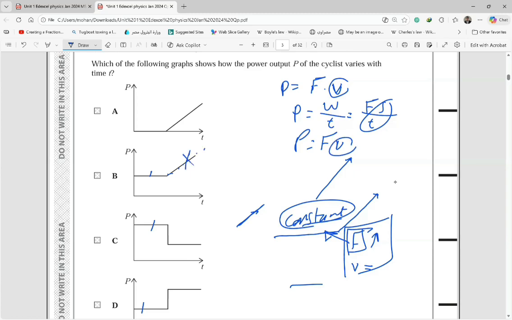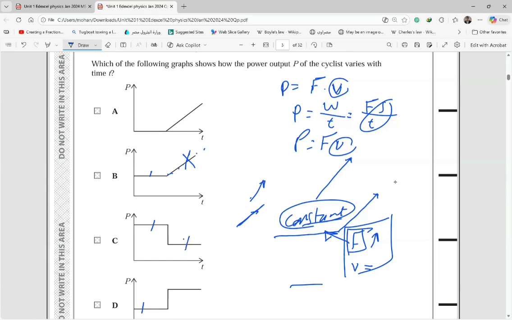This option, that the force is always increasing for a constant velocity, is not correct, because the force increased to overcome the component of the force of gravity. The force here becomes larger, but it is constant because it's against a constant component of force of gravity. So we will not use this.